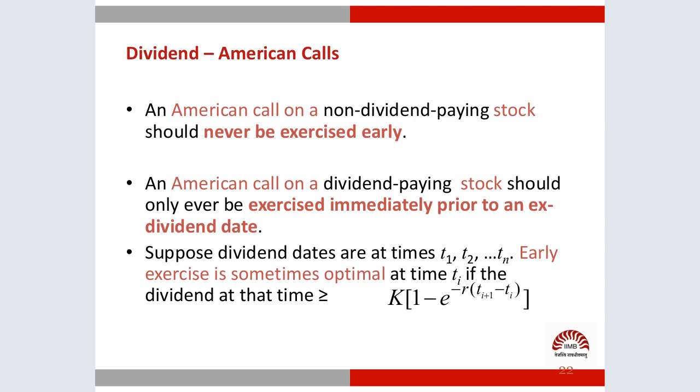So if this condition holds, if the dividend is greater than this, then obviously early exercise is feasible. If this does not hold, then you should never exercise. You should hold on to the call till maturity.